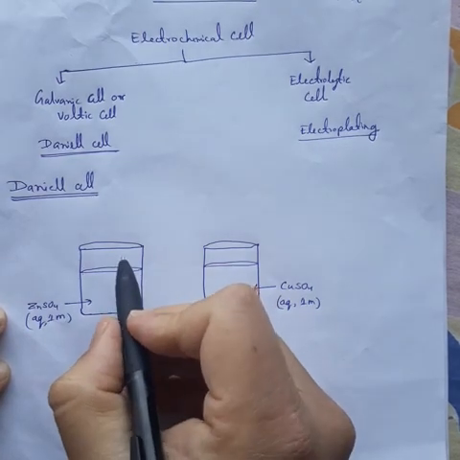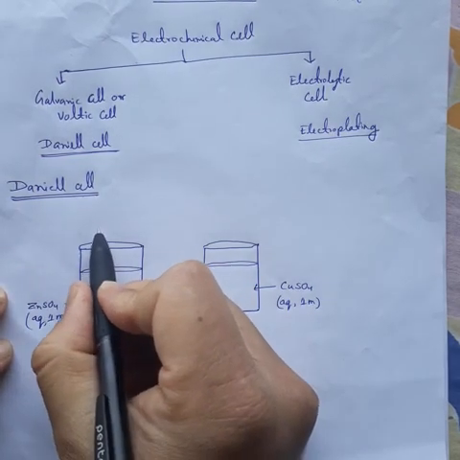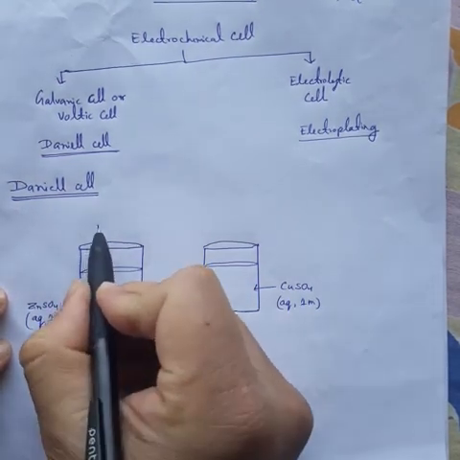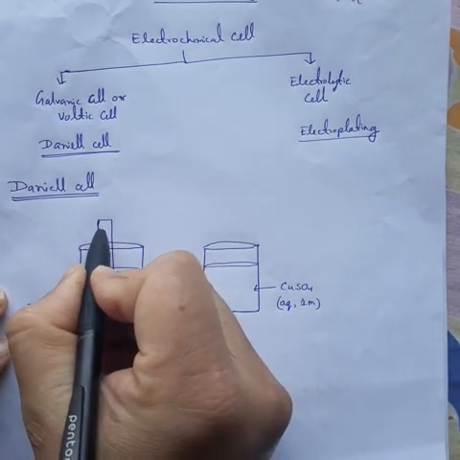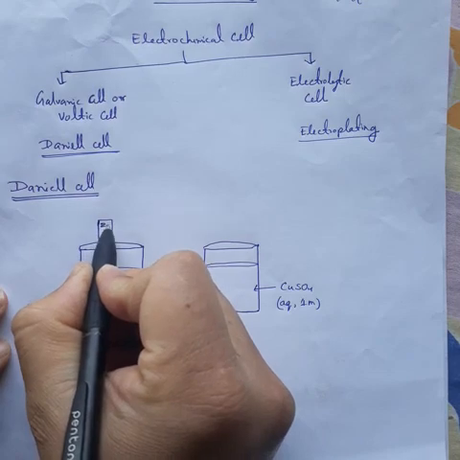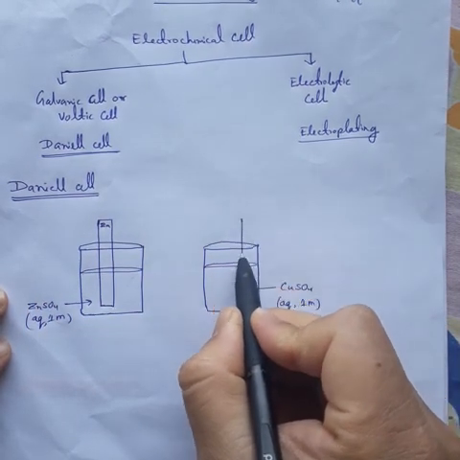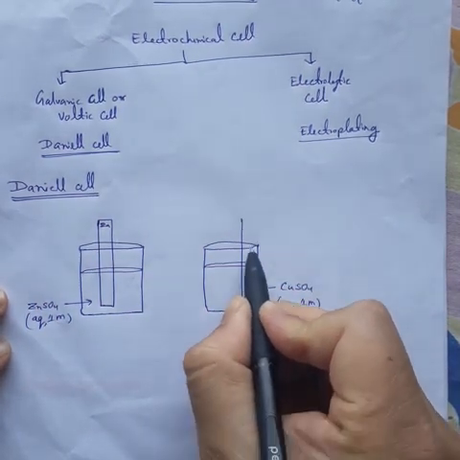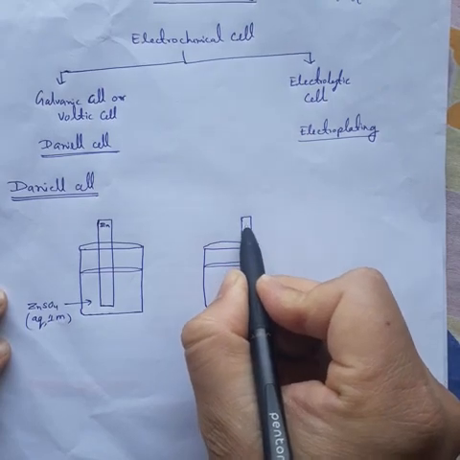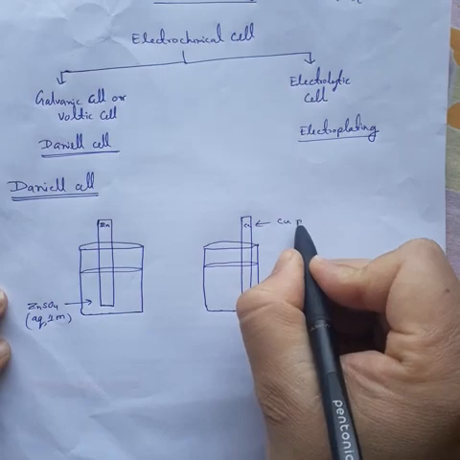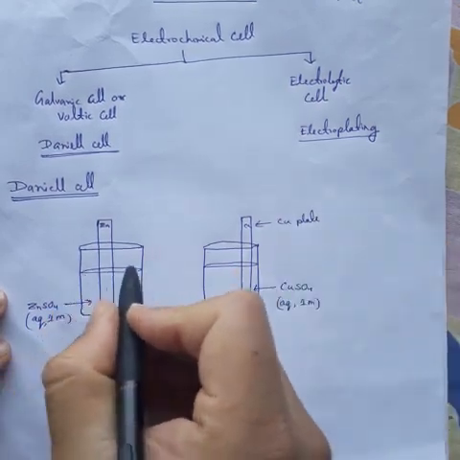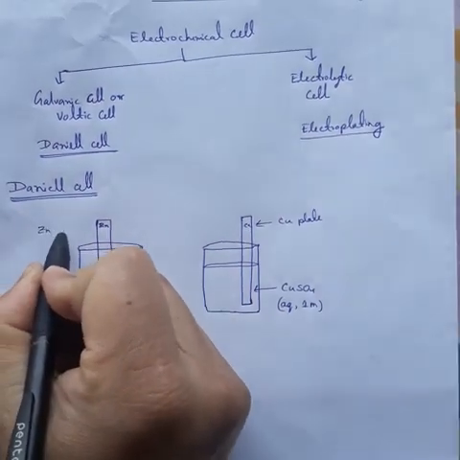Now one metal electrode or metal plate is dipped. It is made from pure zinc metal. So this is zinc metal, and here the copper metal is dipped. So we can say this is a copper plate, and this is a zinc plate.